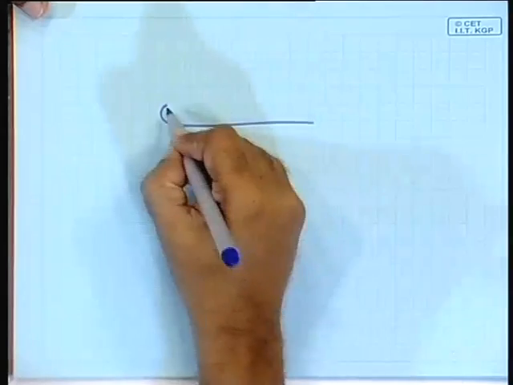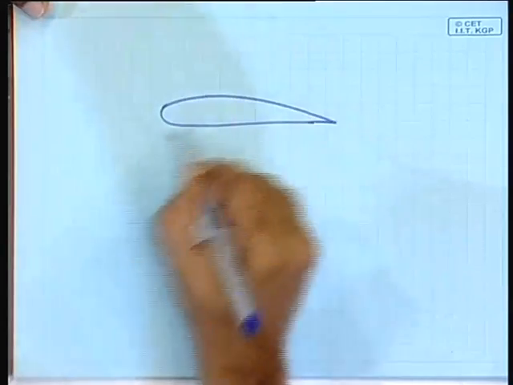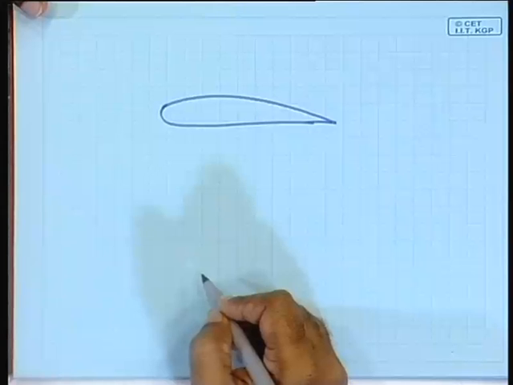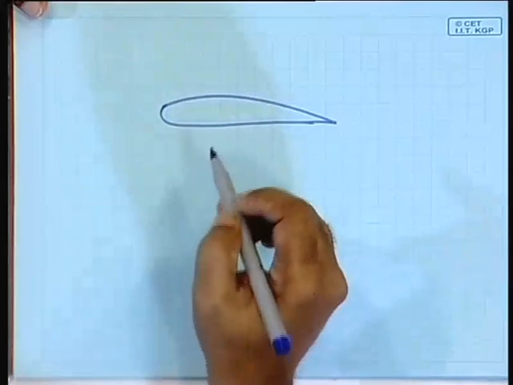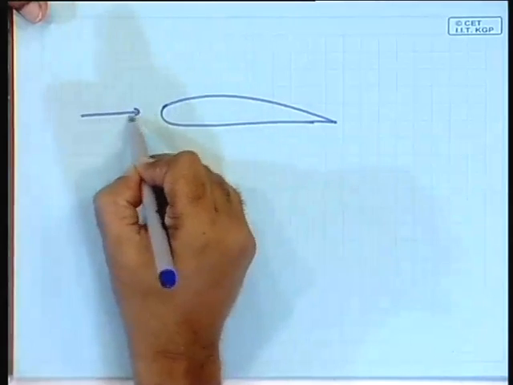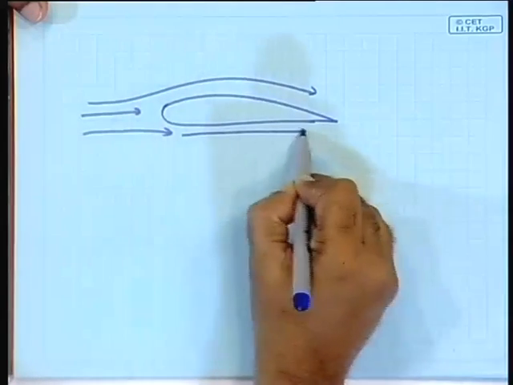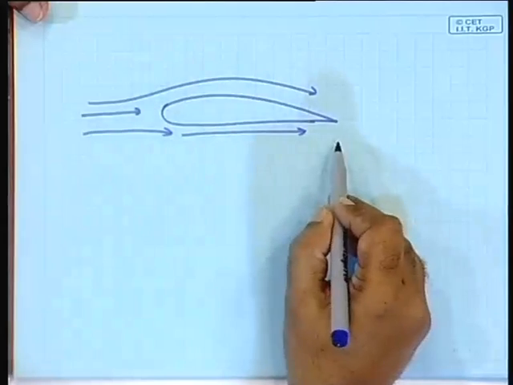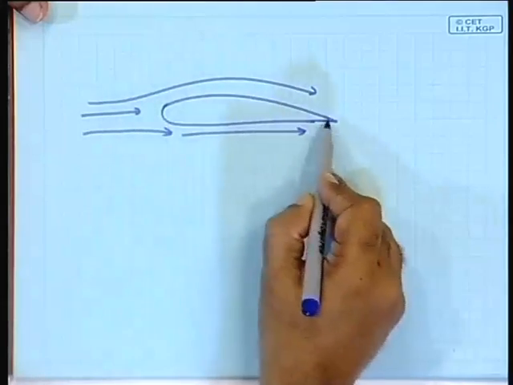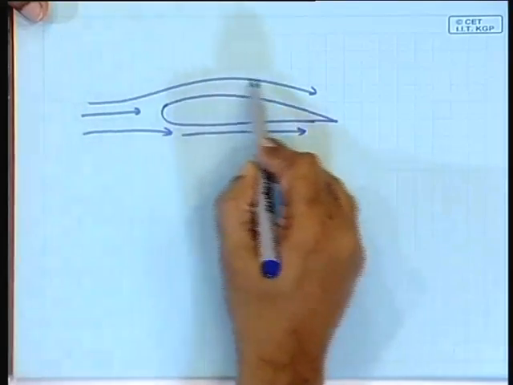How does the airplane wing work? You have the wing shaped like this, and you have the air coming and it flows like that. Because of this specific shape, air is forced to flow like that.